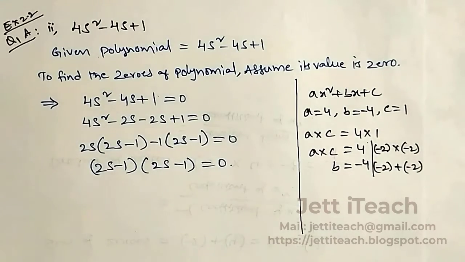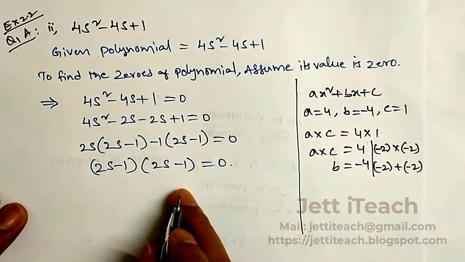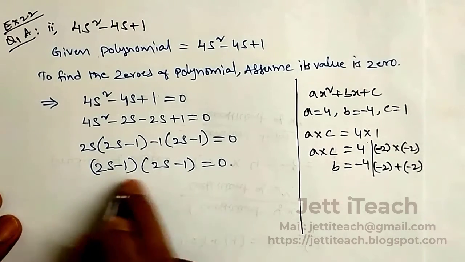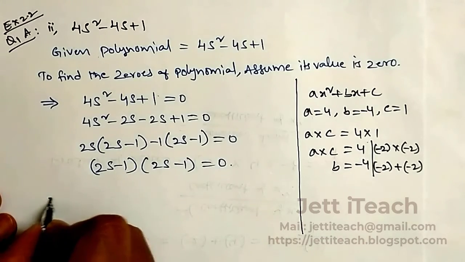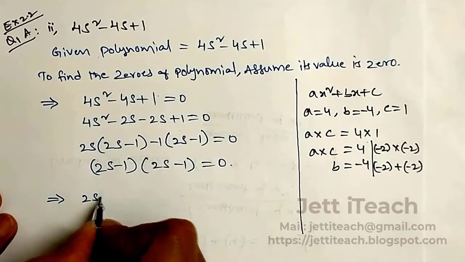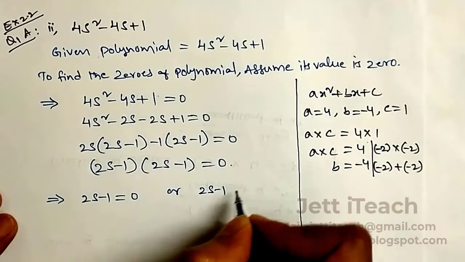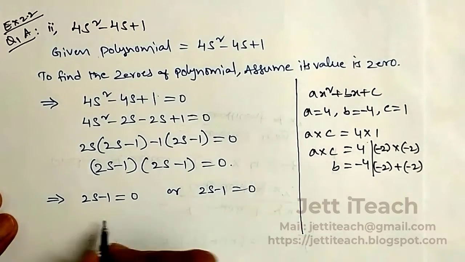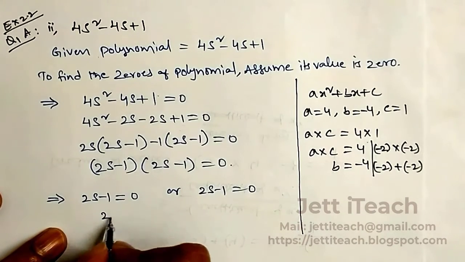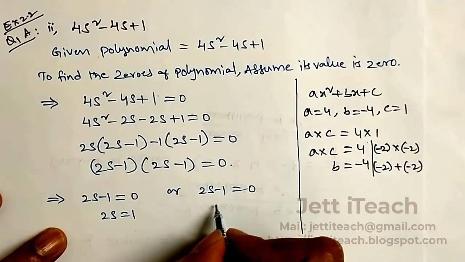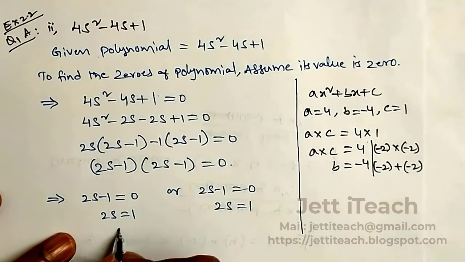Okay, now if you want to make it 0, any one term or two terms can be zero. So 2s minus 1 equal to 0 or 2s minus 1 equal to 0. Now both the terms are same, even though I am writing it.